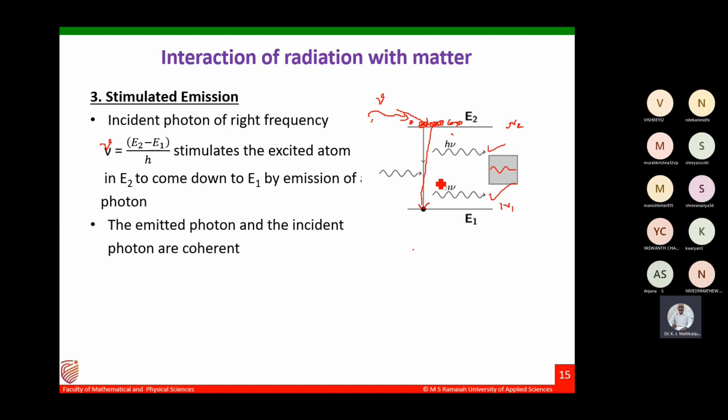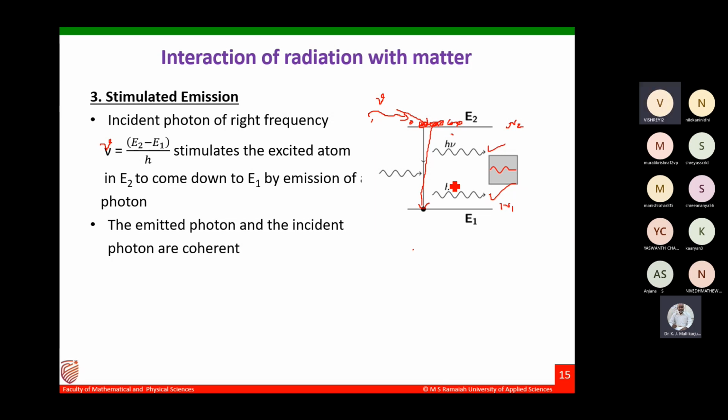The goodness of these two photons is that these two processes happen simultaneously, and the transition is only one transition. Two photons are emitted, therefore there is a good correlation between these two. It is not random.